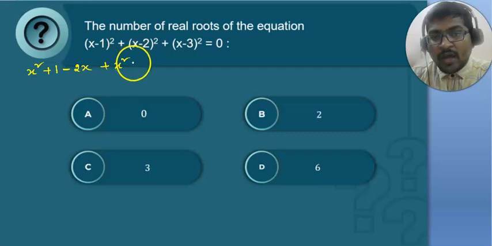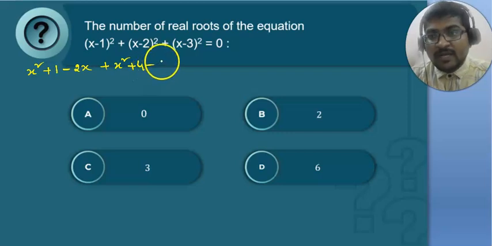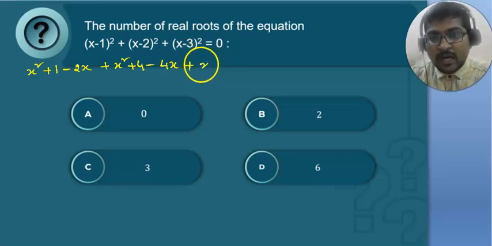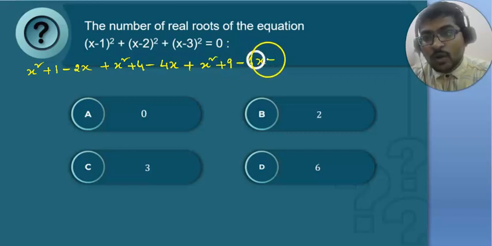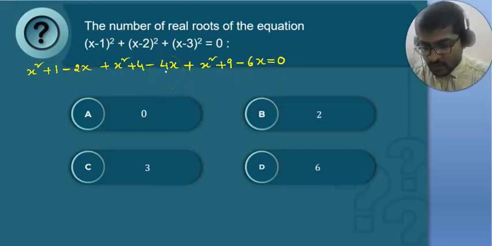So x square plus 4 minus 4x. Plus x minus 3 whole square means here x square plus 9 minus 6x is equal to 0. Yes or no, students? Yeah, very good.